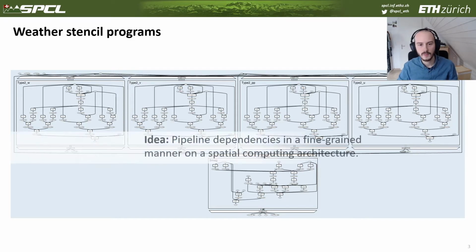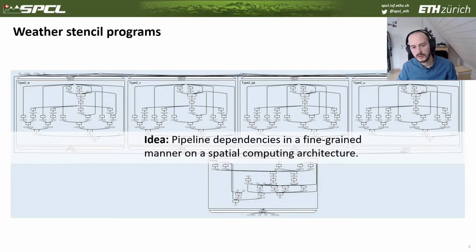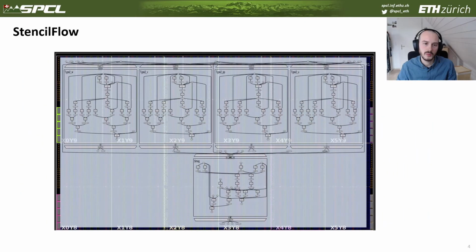And the key observation was, what if we could pipeline these dependencies in a fine-grained manner on a spatial computing architecture such that we could exploit the parallelism not only in the width of the program but also the depth of the program using pipeline parallelism. So we would want to squeeze this thing onto an FPGA.